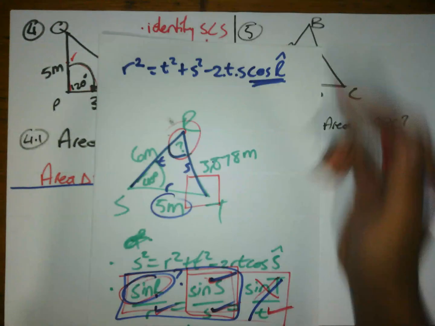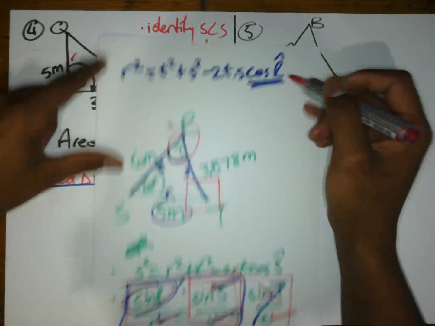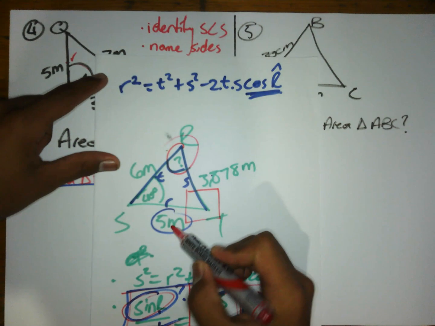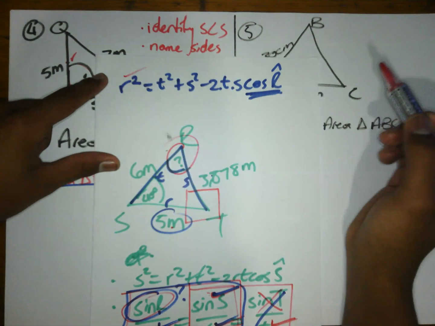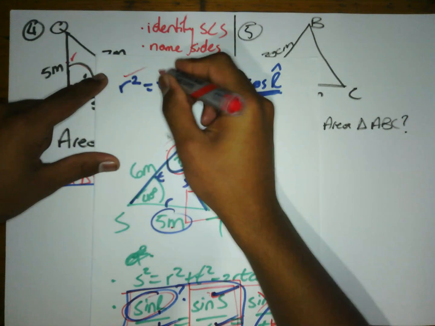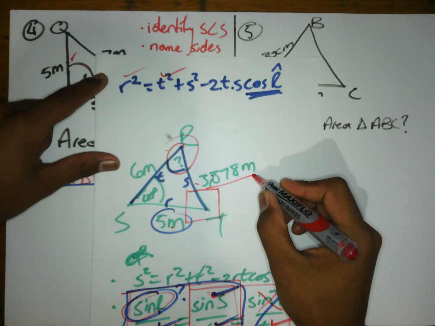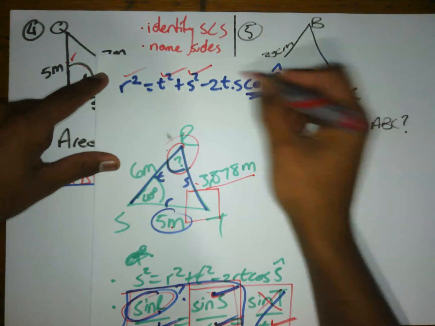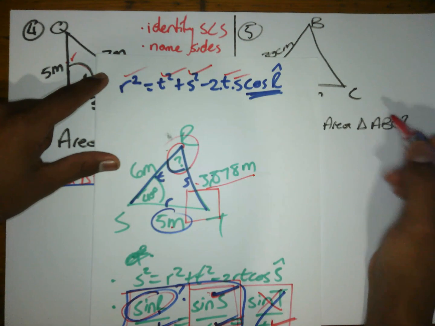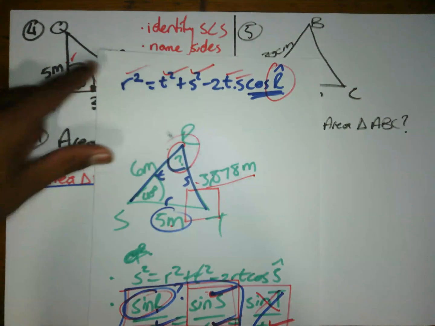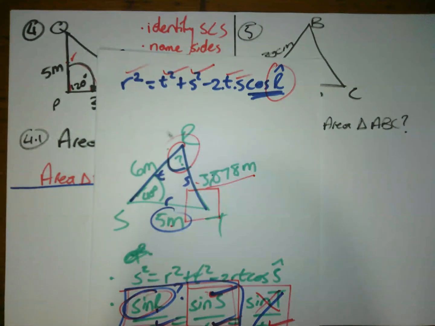But I could also use this here because I have side R, which is 5. I have side R. I have side T. I have side S. I calculated side S. So I have these. So I could have gotten angle R by manipulating, and we did that. It's just more work.